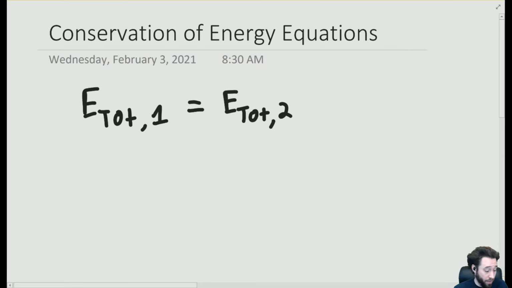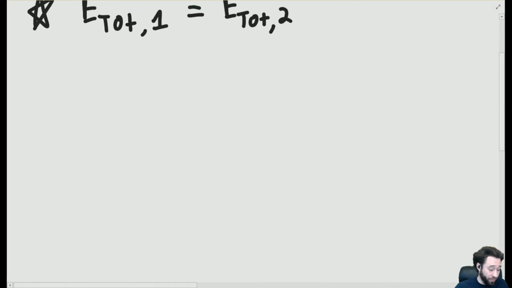As simple as that. Energy that I start with must equal the amount of energy that I end up with. That's all it is. So there are 3 types of energy that we're going to be referring to.